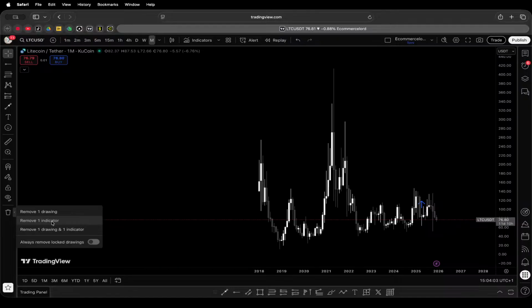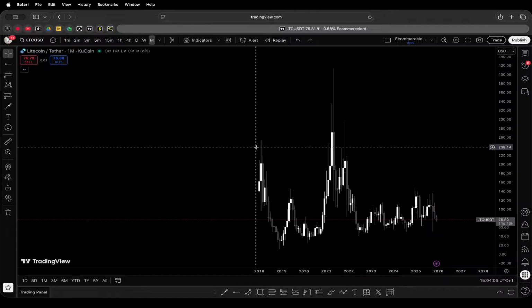From the monthly, I will map it down all the way to the 4 hour, or at the lowest, the 1 hour. I'm not going any lower than that, but majorly I stop at 4 hours.